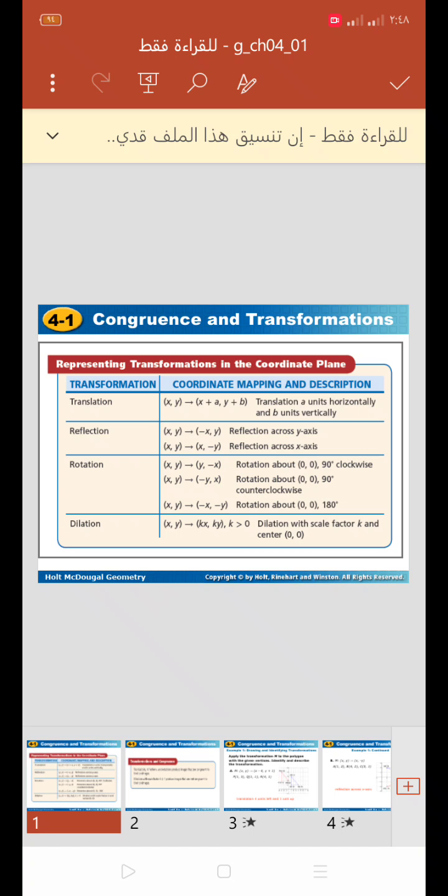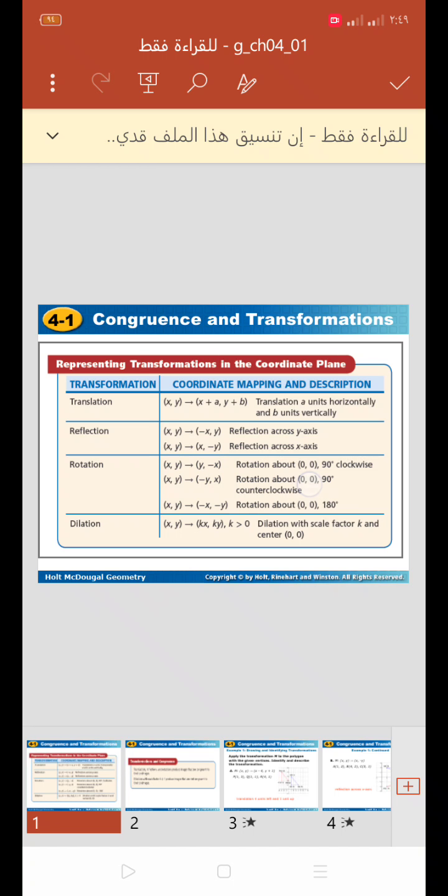Rotation has three cases, but in rotation the center is always (0, 0), and it gives us the angle: maybe 90 clockwise, 90 counterclockwise, and the last one is 180. If the rule is (x, y) becomes (y, negative x), that is 90 clockwise: swap x and y and change the sign for x.